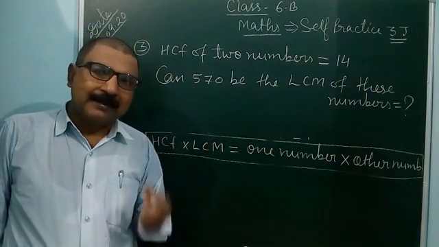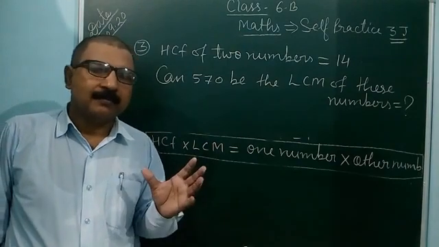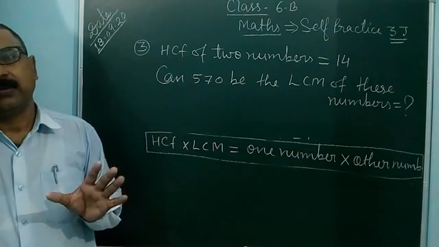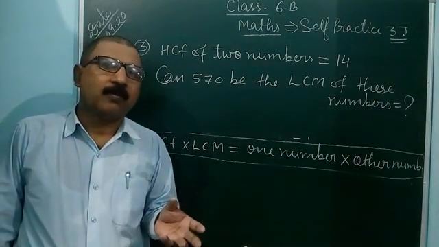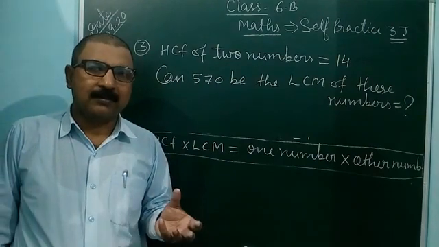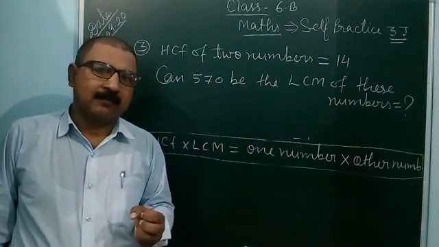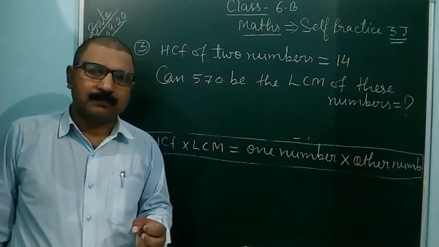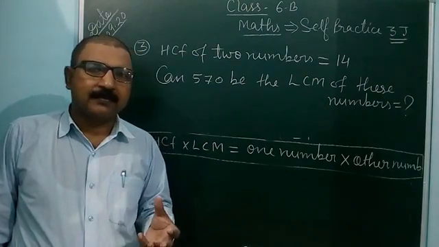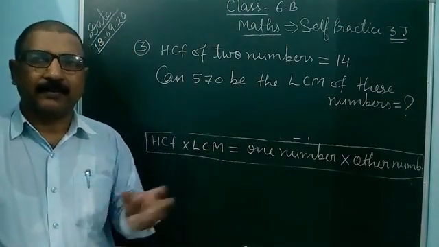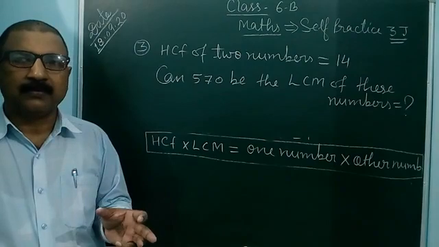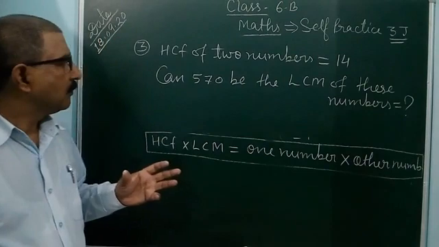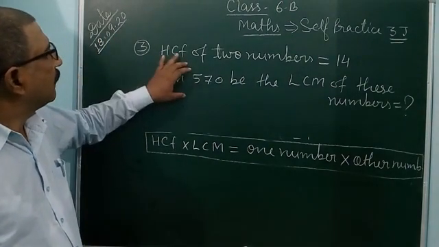LCM is exactly divisible by the given numbers, and HCF divides the given numbers. LCM is always in the form of dividend and the given numbers are divisor. But in HCF, HCF is always the divisor and the given numbers are always the dividend. So there is a difference between HCF and LCM.